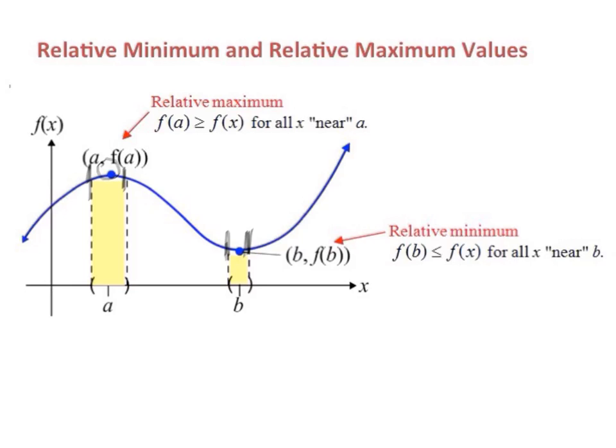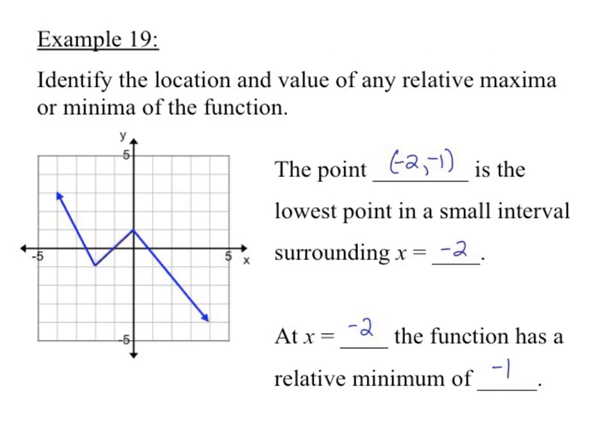And so the way you would look at this, here's a graph, the point -2, -1, which is right here, is the lowest point on a small interval surrounding x equals -2. At x equals -2, the function has a minimum of -1.